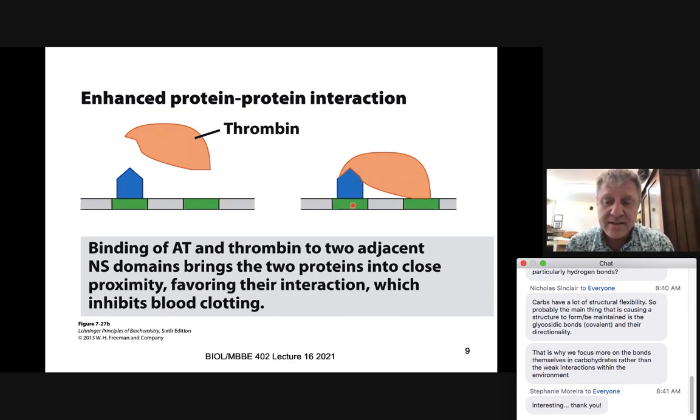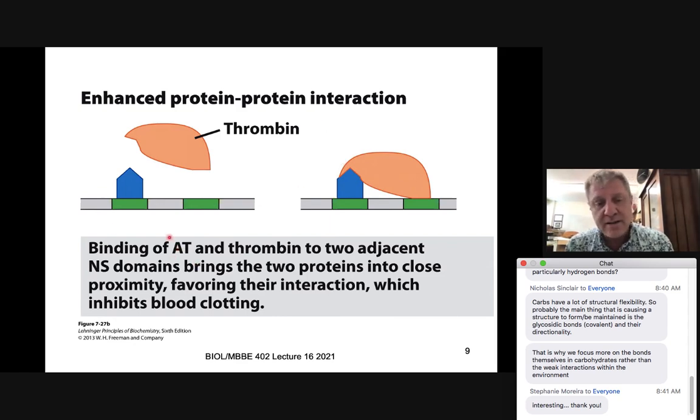So again, this is a multi-phase situation in regards to structural modification and changes, ionic interactions, and also then having this guy initially change due to its binding to the NS domain and not being bound to the factor 10A, but being bound to thrombin.